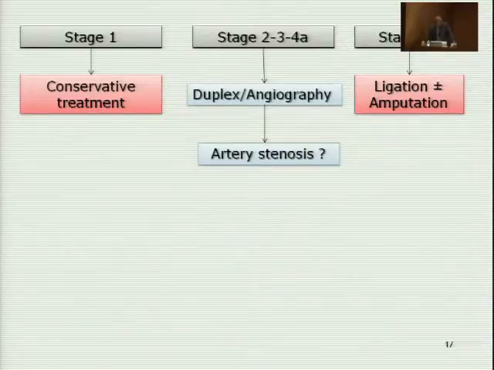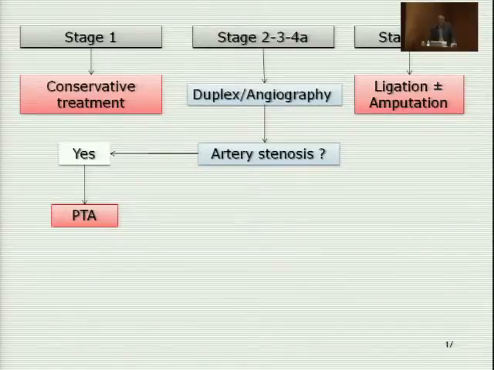For the other stages, the first thing to do is to ask for both duplex and angiography. If there is an artery stenosis, it will be treated by PTA. In case of unsuccessful PTA, it will be treated by surgery if possible.